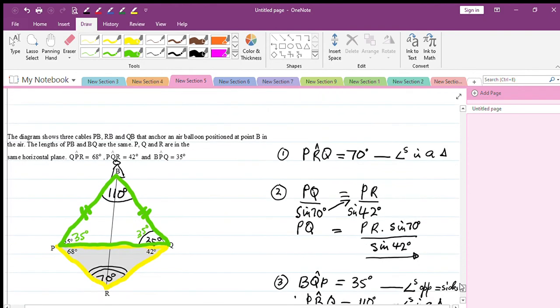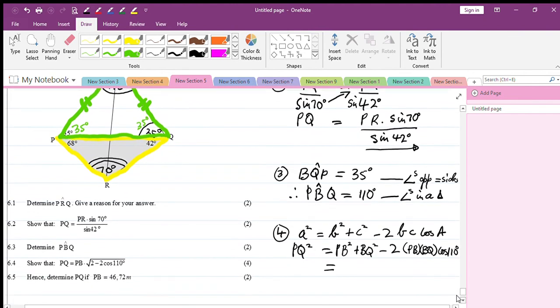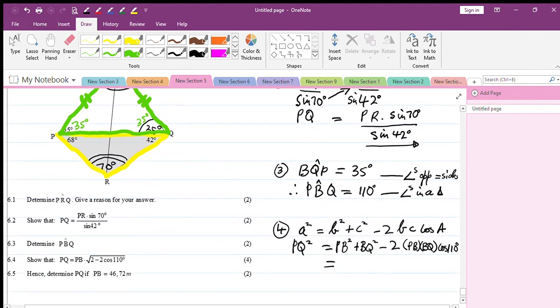The reason is that PQ, there is PQ there, is the same length as PB because we were given that. So wherever I see PQ, I will write PB because PB is the same as PQ.